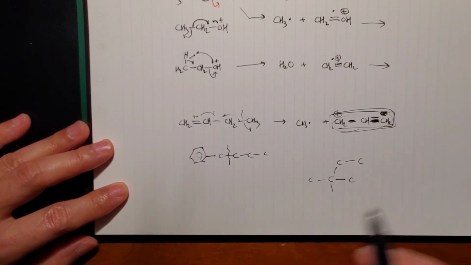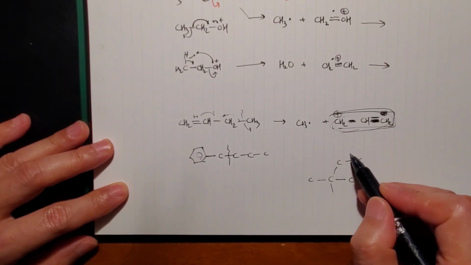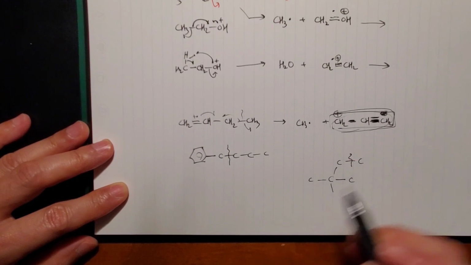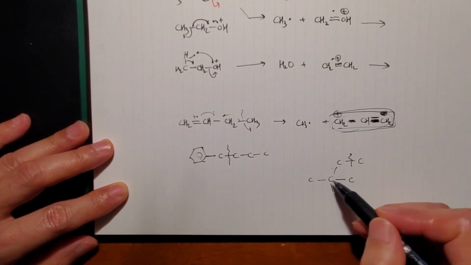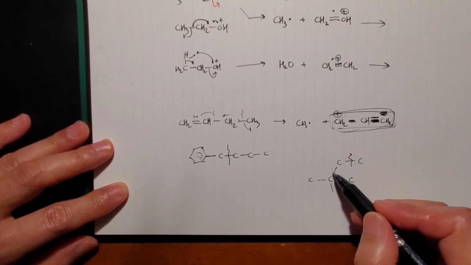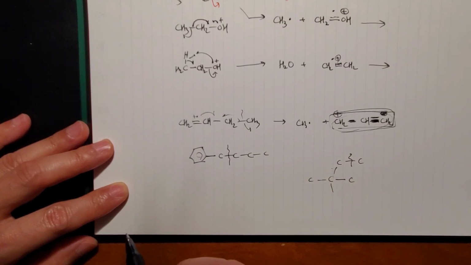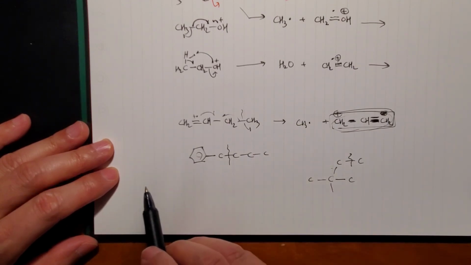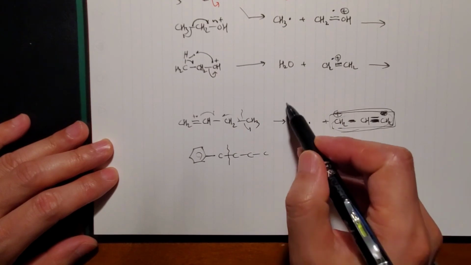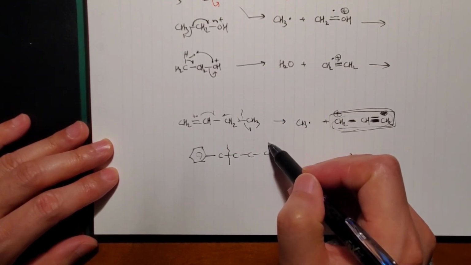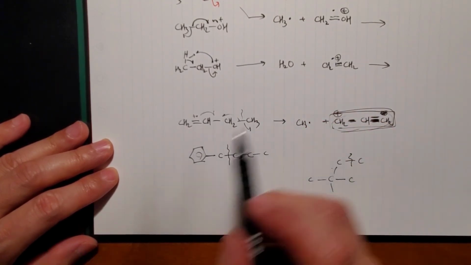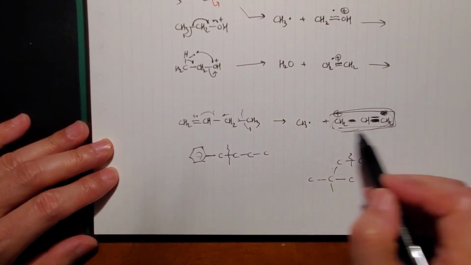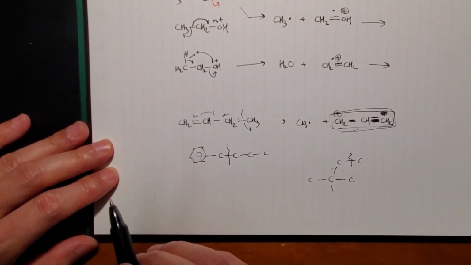Most likely you're going to break not here, but one of these bonds, so you can create a tertiary carbocation, and that probably becomes the base peak. And here as well, if you have more carbons, you can break other places and make smaller peaks, but by breaking here, you are creating the most stable base peak.